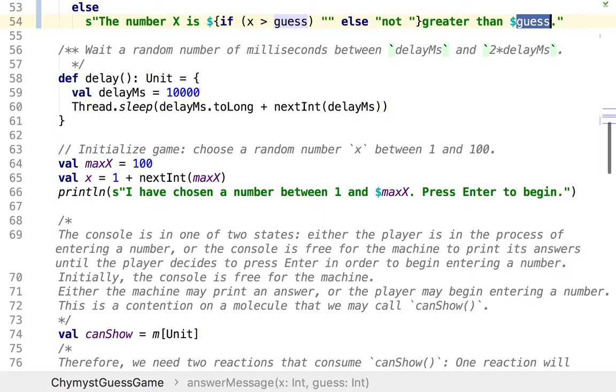If this molecule is present, and it should be always present, it's a contention marker or a contention token, then either one reaction or another reaction will consume this molecule. And in this way, only one of these two reactions will run. So this is a mutually exclusive contention token, which we just model by making it a molecule, say with can show and with unit value.